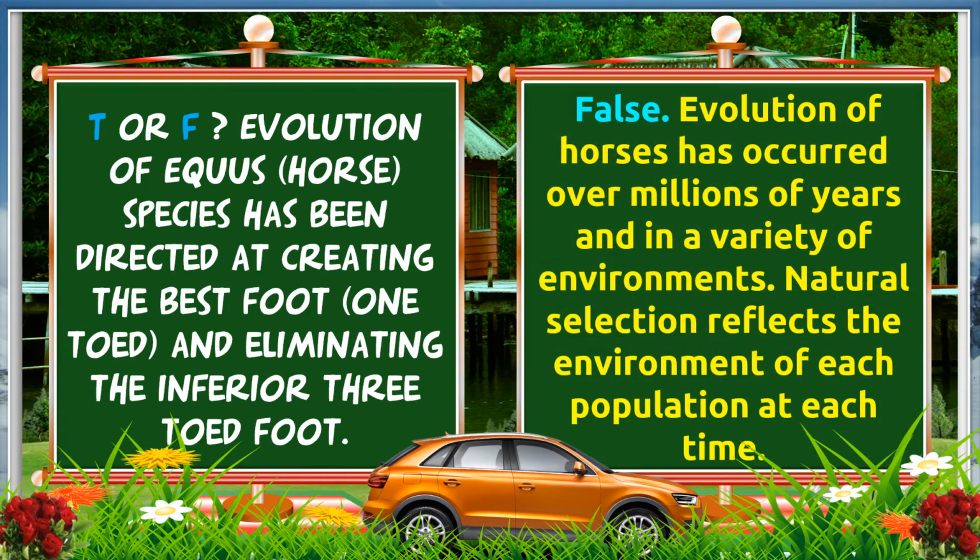It is false. Evolution of horses has occurred over millions of years and in a variety of environments. Natural selection reflects the environment of each population at each time.